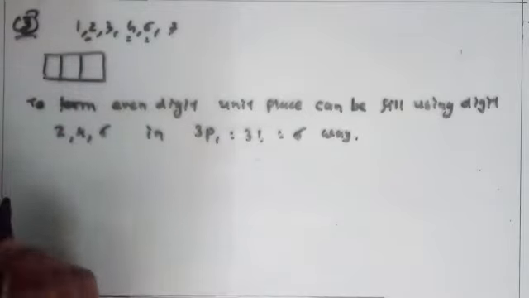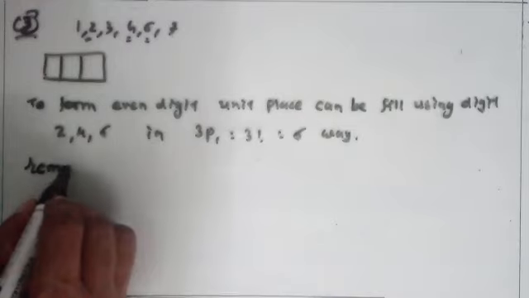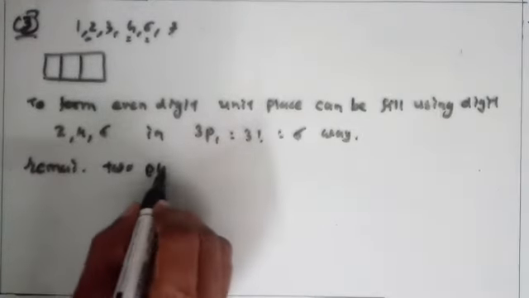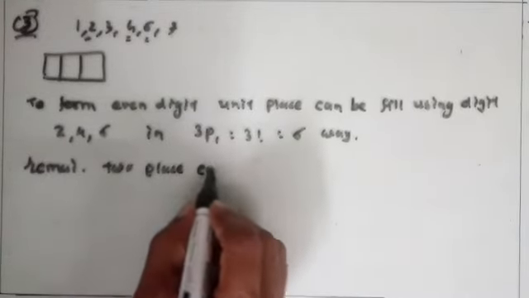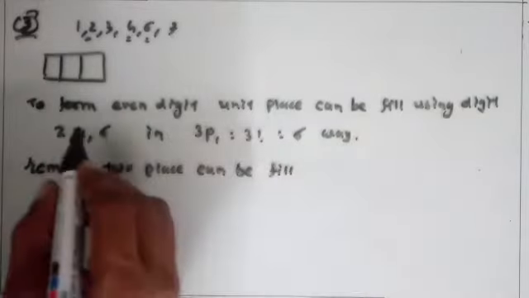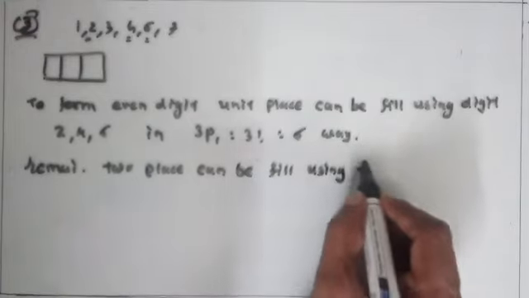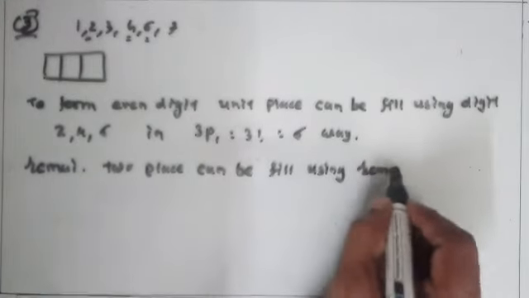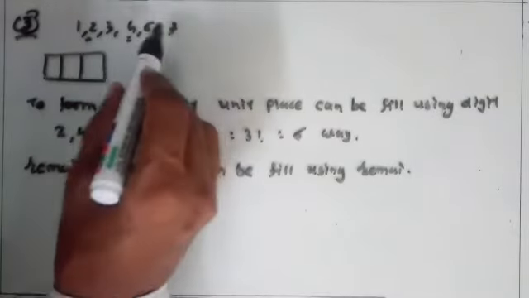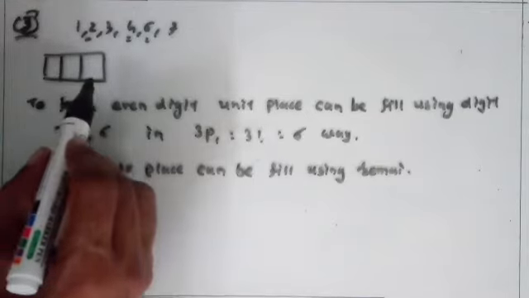Now the remaining 2 places can be filled using the remaining digits. Here we have a total of 6 digits: 1, 2, 3, 4, 5, 6, and one digit is already used in the first unit place.